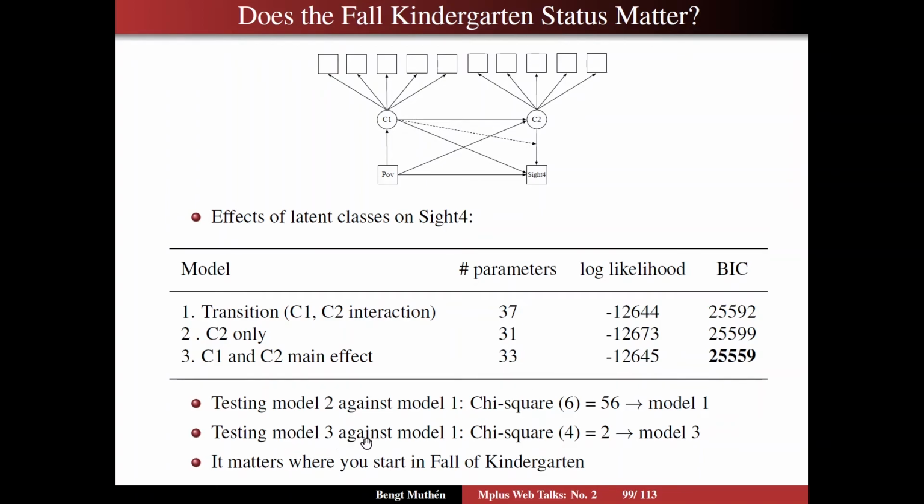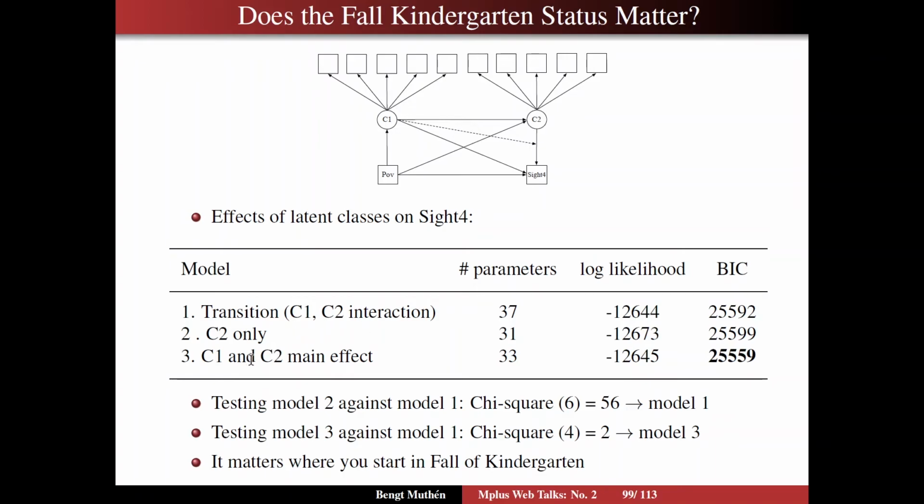So testing model 3 against model 1 gives you, with 4 degrees of freedom, a chi-square value of 2. So not significant. So we go with model 3. Model 3 is also more parsimonious, with fewer parameters than model 1, and it has the best BIC here, 559 instead of 590 something.